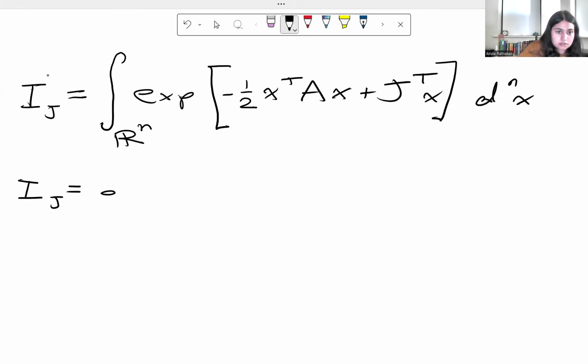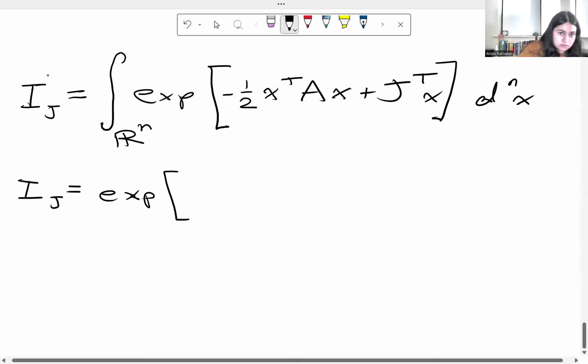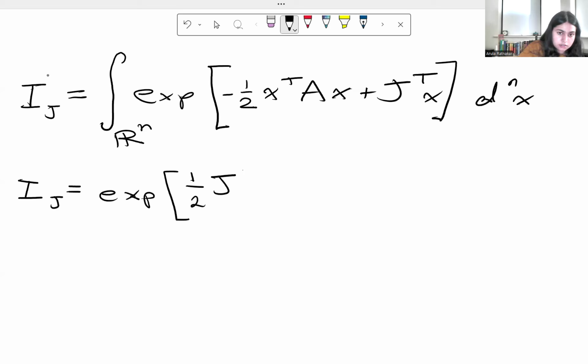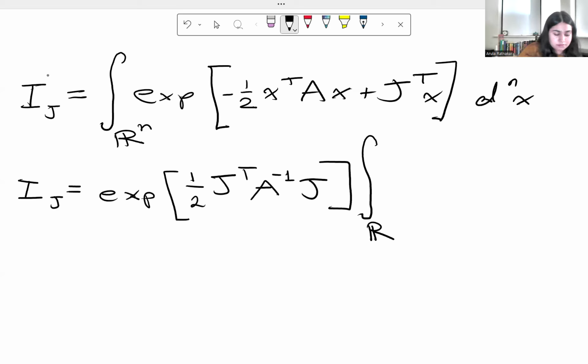as exponential of 1/2 J transpose A inverse J. And then we had our n-dimensional Gaussian without a source term. And after doing some change of variables in the first place, we had rewritten this.